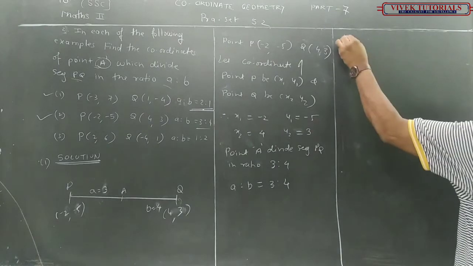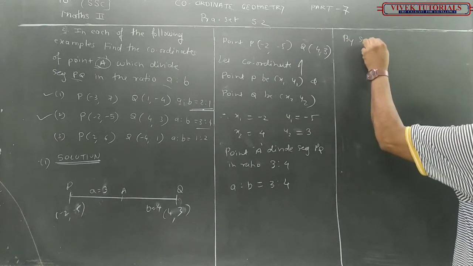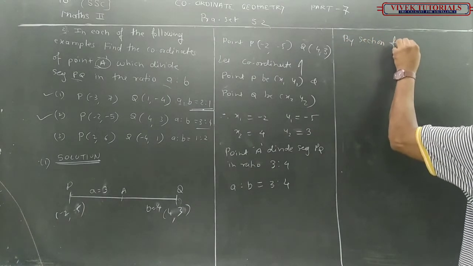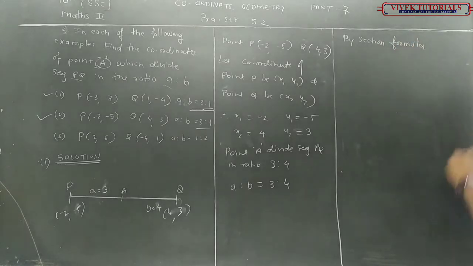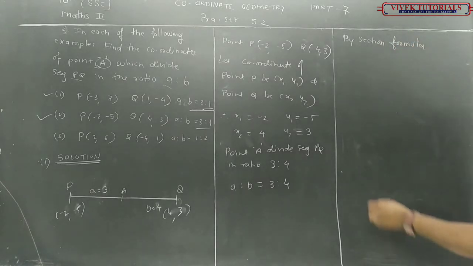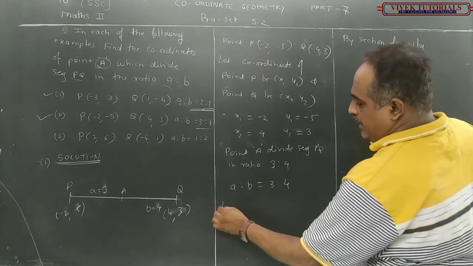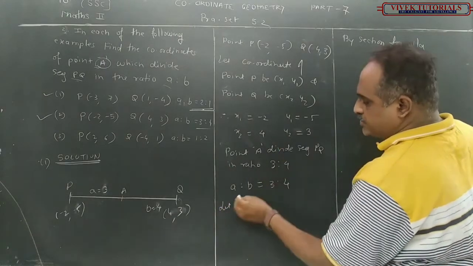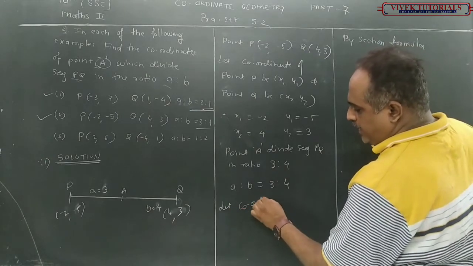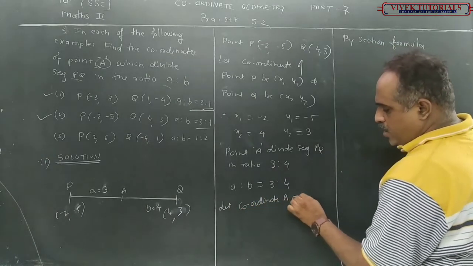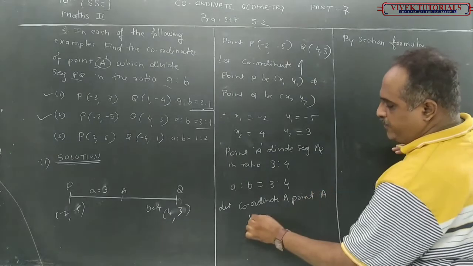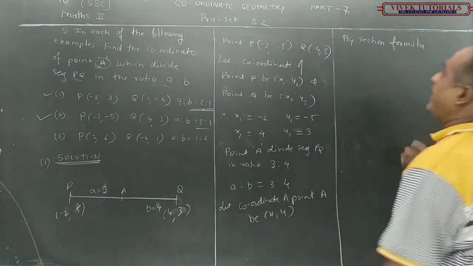Now we are going to write the section formula. Here you should write let coordinate of point A be x comma y.